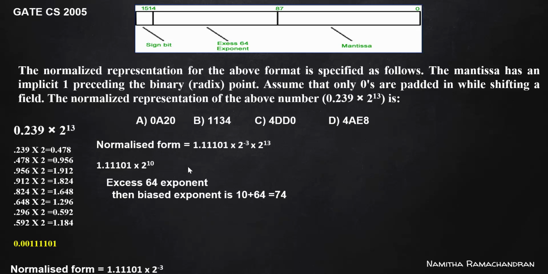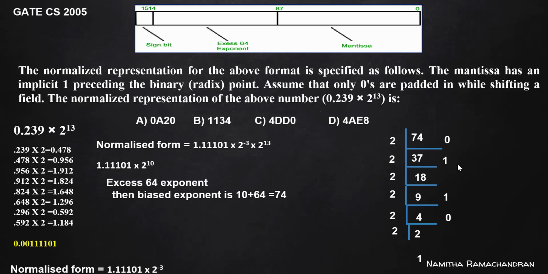In order to get the biased exponent, we need to add this exponent with 64, because this is the x64 representation, right? So we get the biased exponent as 74. Convert this 74 in its binary form, and we get a binary representation for the 74 like this: 1001010.